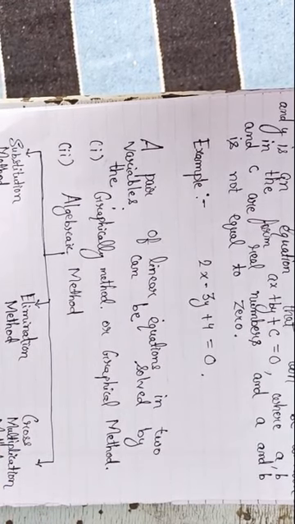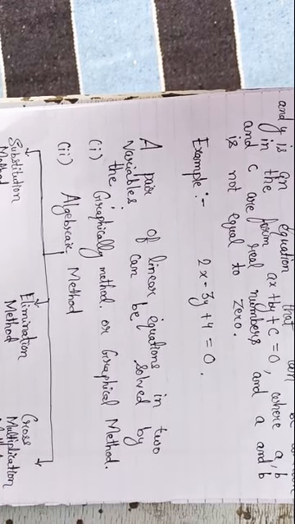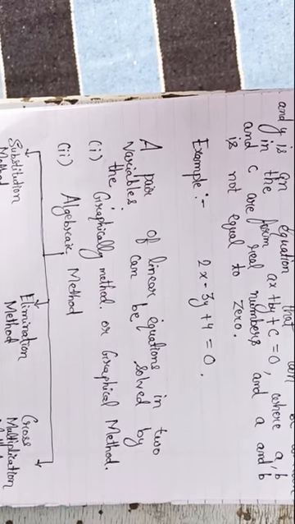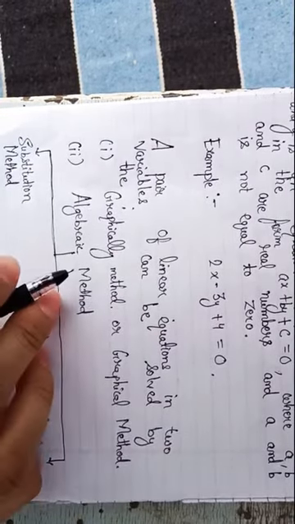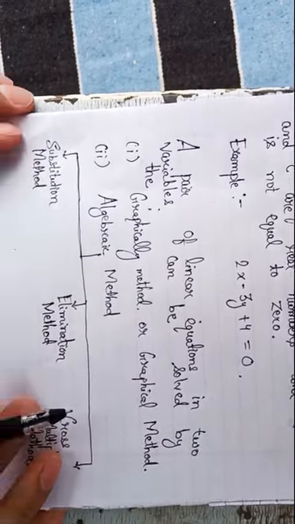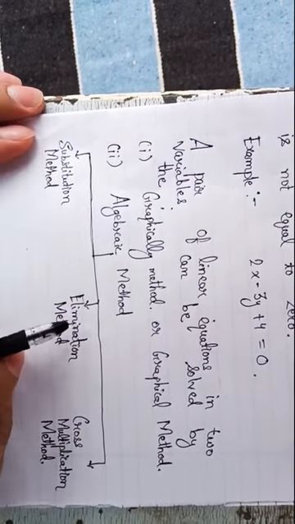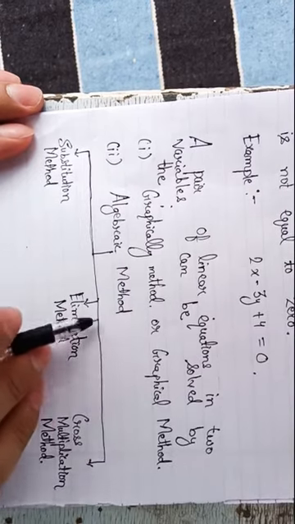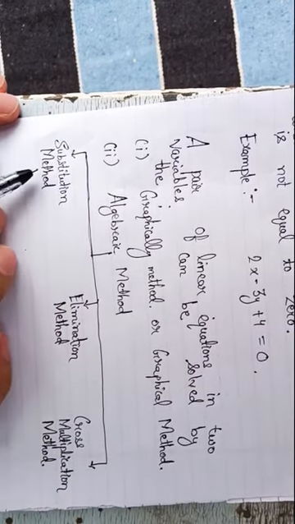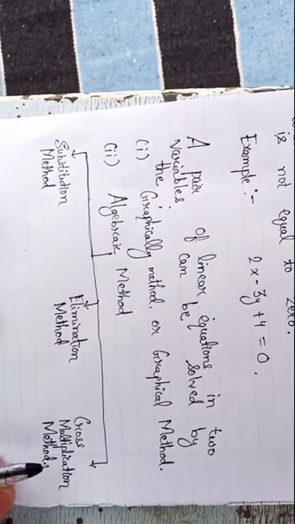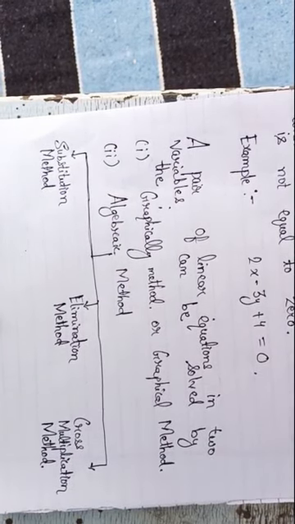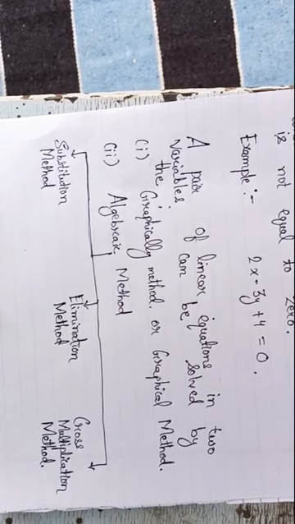Second is the algebraic method. Now the algebraic method is further subdivided into substitution method, elimination method and cross multiplication method. These are the methods to solve a pair of linear equations in two variables.